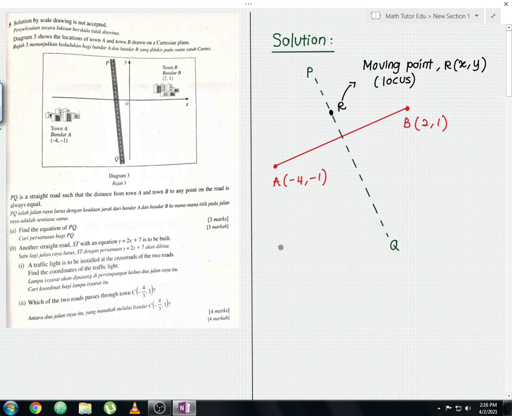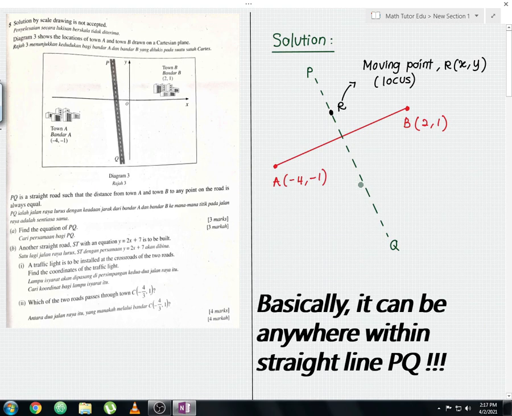And then you can ask me, so how do you know that it is a perpendicular bisector? Like I mentioned, read the question carefully. They mentioned that the distance from town A and town B to any point on the road is always equal. Like I said, your point R can be here, your point R can be here, and your point R can be over here.